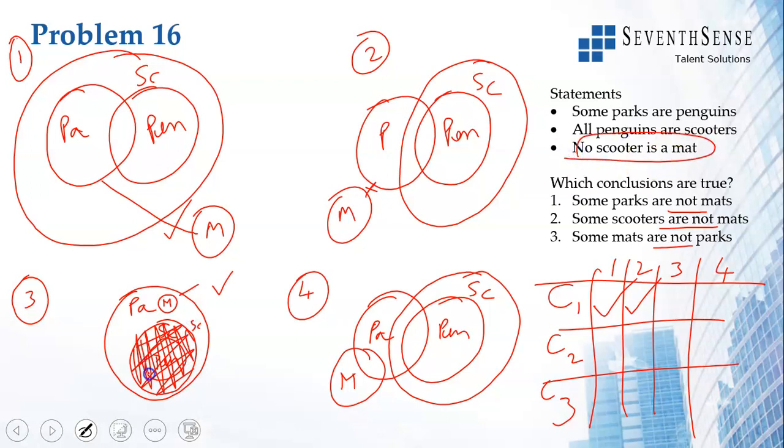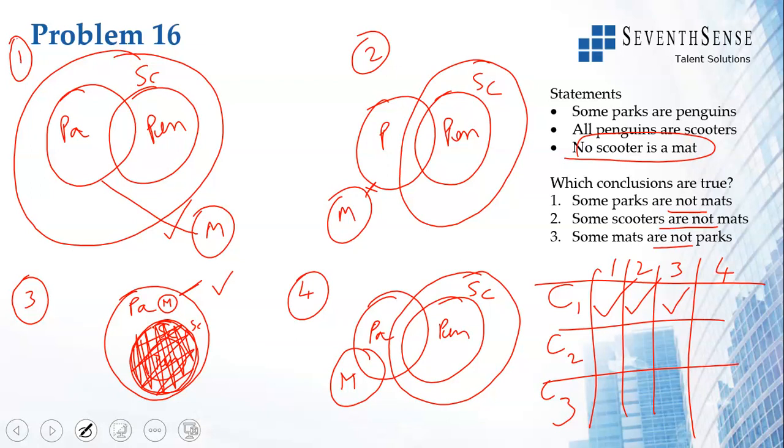Here, some parks are mats is true. But these parks can never be mats, so some parks are also not mats. That is also true, because they are scooters and no scooter is a mat.